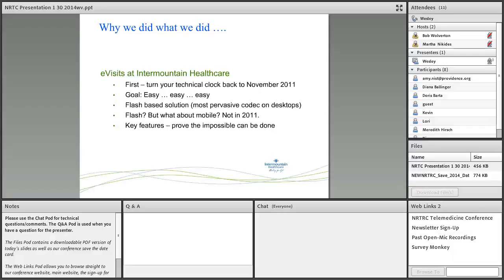So we had a couple goals that you can see on the slide, and the major one was we just wanted this to be easy. And I'll explain a little bit more about what our idea was around that. At the time, we did choose Flash, understanding all the Flash is dead mantras that were going around in 2011.